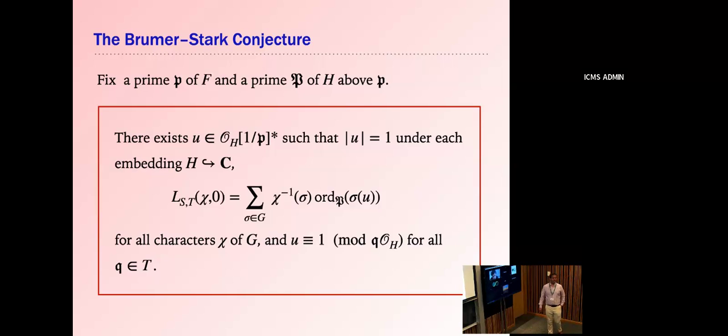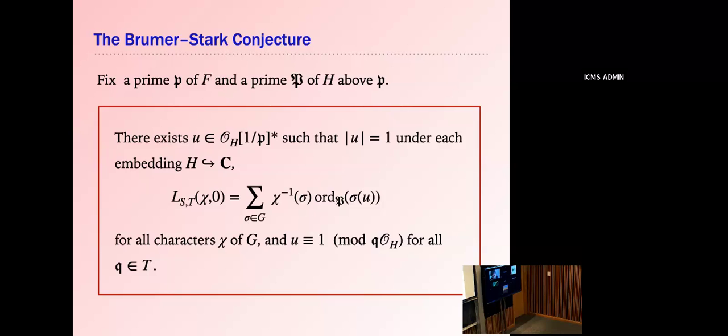I should mention that the Euler product I wrote before converges for the real part of s greater than 1, but it extends via analytic continuation to all complex numbers. So we're allowed to plug in s equals 0, and it's a theorem that it is not only finite, but an algebraic integer. Moreover, it can be written as a linear combination of integers with these roots of unity, these values of the character chi.